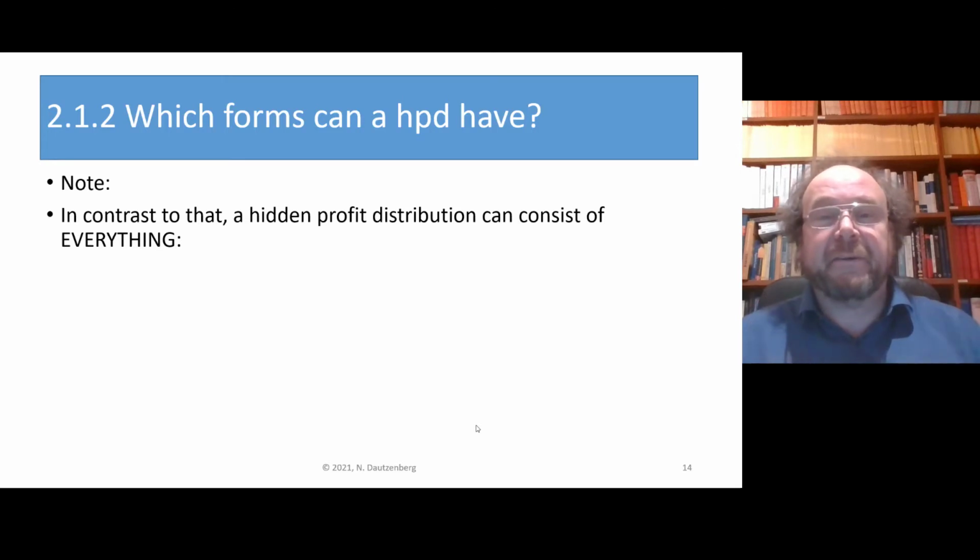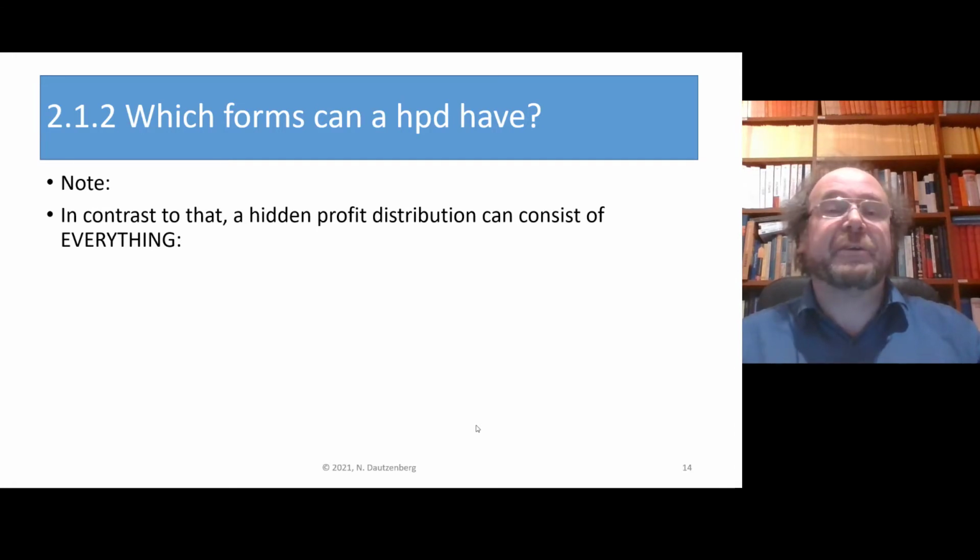But on the other hand, which forms can a hidden profit distribution take? And the answer there is no restriction like in the case of the hidden capital contribution. A GmbH can distribute profit in any form because it could, without problems, give money to its shareholders. It is allowed to give assets to its shareholders as a dividend.